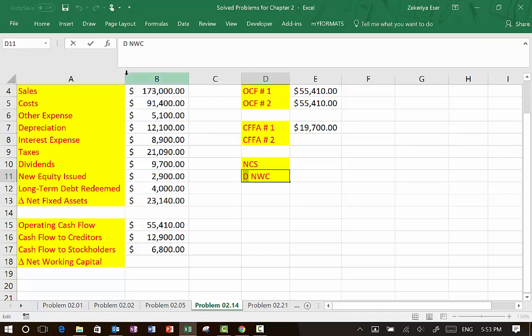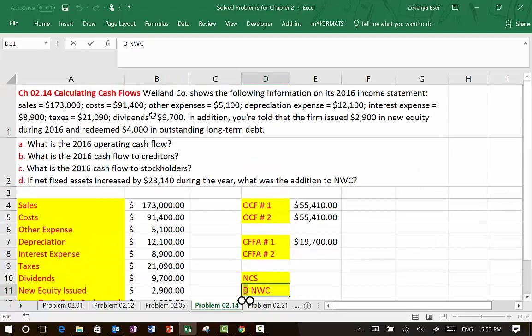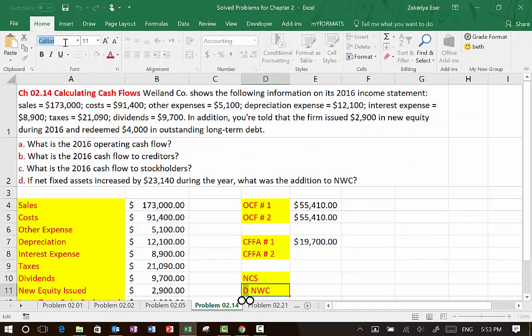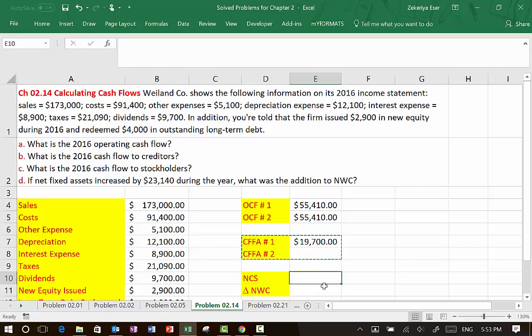I'm being a little bit fancy here. Okay. Cash flow from assets is operating cash flow minus net capital spending minus change in net working capital.